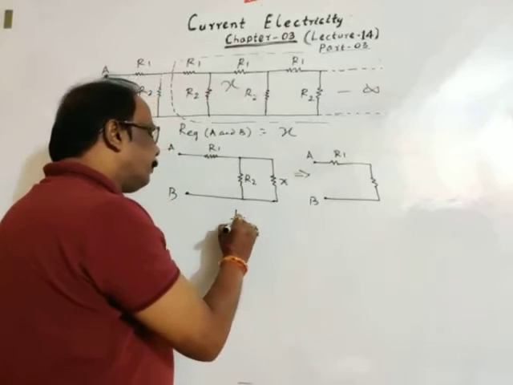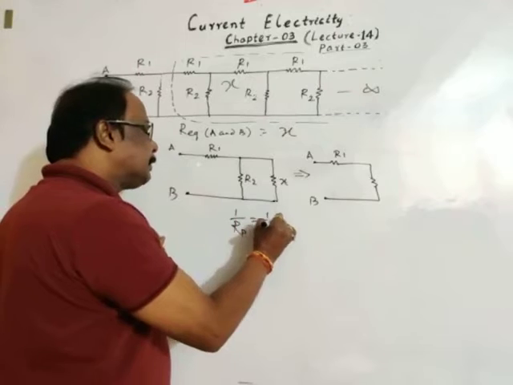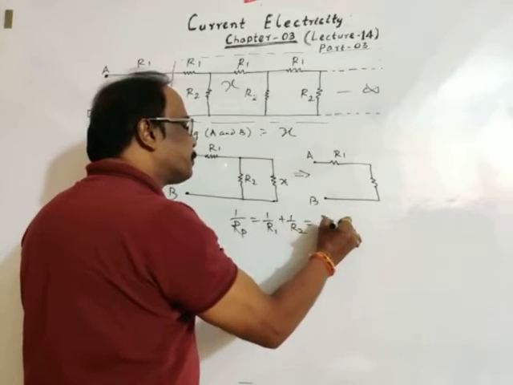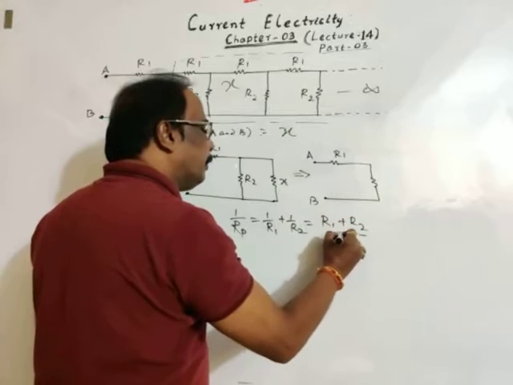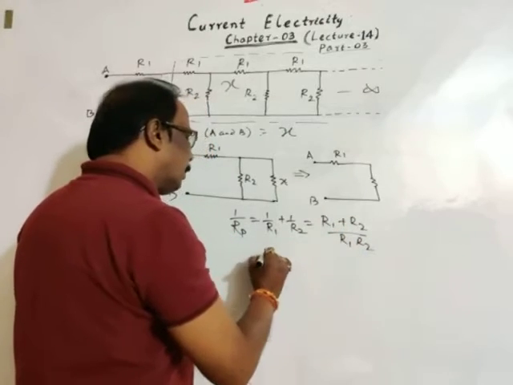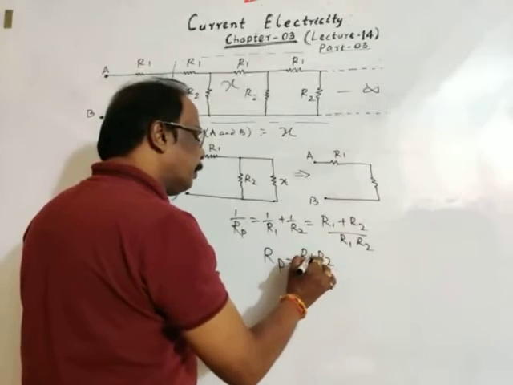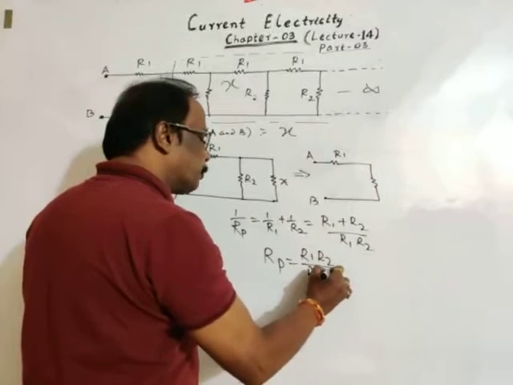As we know, the reciprocal of parallel group resistance is 1 by R1 plus 1 by R2, which gives R1 plus R2 divided by R1 R2, and accordingly the parallel group resistance is R1 R2 divided by R1 plus R2.